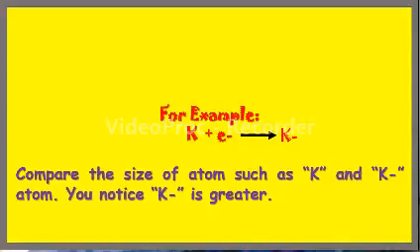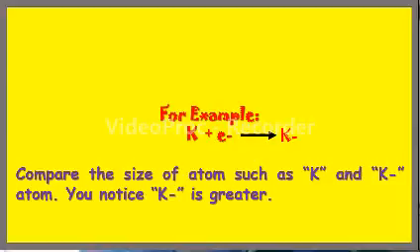Here is an example. If we add an electron to a potassium atom, it forms the potassium anion. Now when we compare the size of the potassium atom and the potassium anion, you notice that the size of the potassium anion is larger. Why is it larger? The number of shells remains the same, but due to the addition of the electron, there is slight repulsion in the shell.